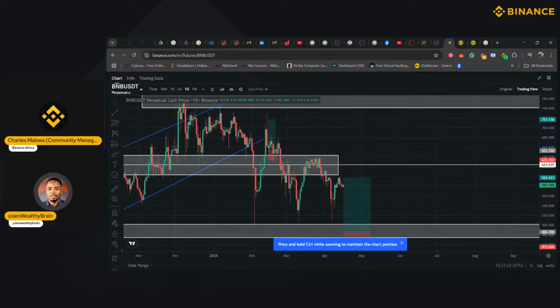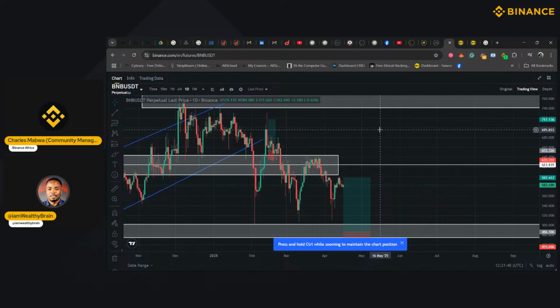These are some of the things we will be looking at when it comes to technical analysis. We'll be looking at key indicators that will help us understand technical analysis and the best approach.